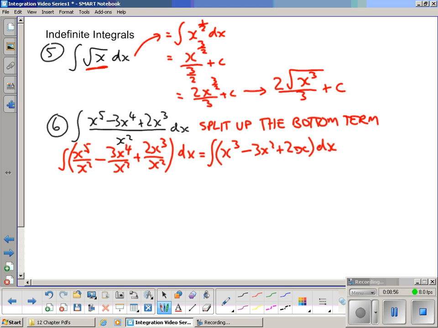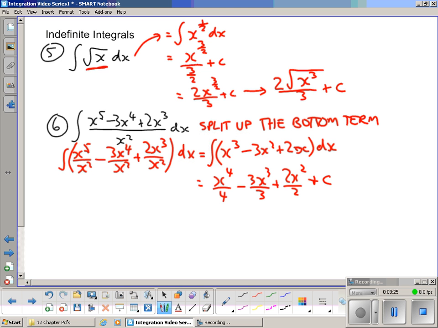Okay, now we've just rearranged it, so even though we started off with a pretty ugly fraction here, it allows us to integrate just term by term. So we'll add 1 to the power and divide by the new power. This one becomes x to the 4 on 4 minus 3x cubed on 3 plus 2x squared on 2 plus c.